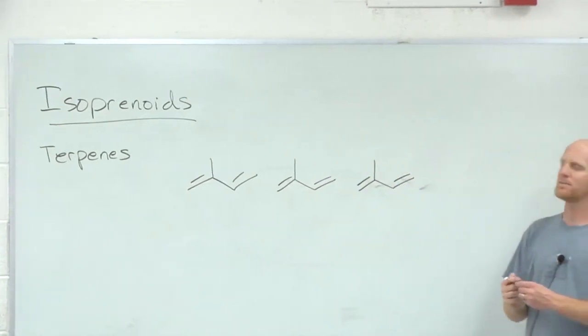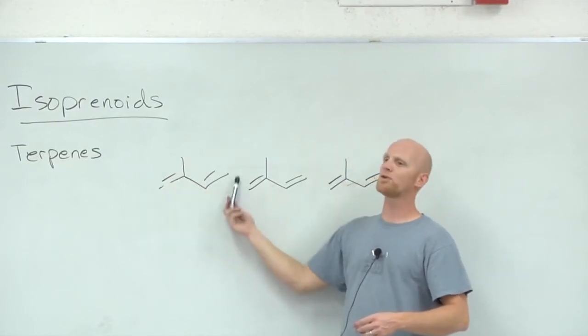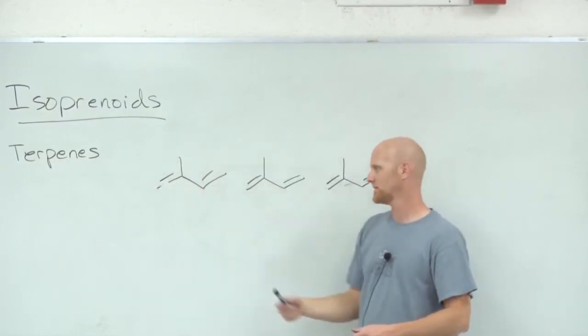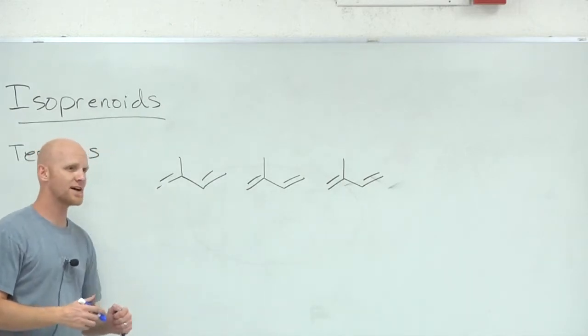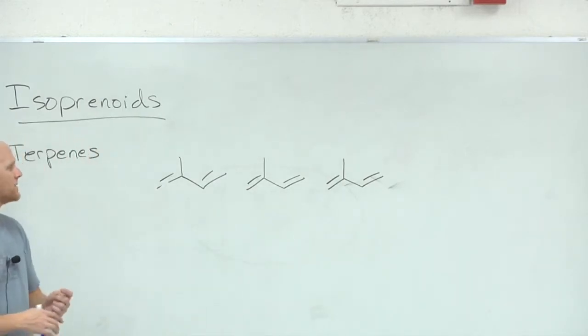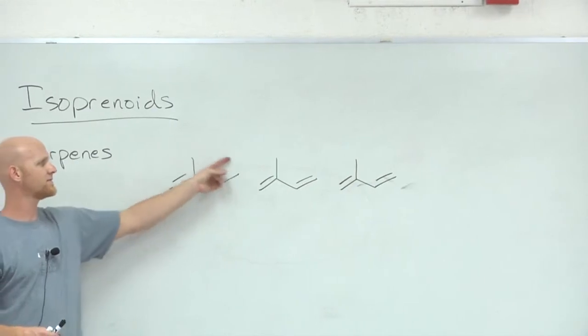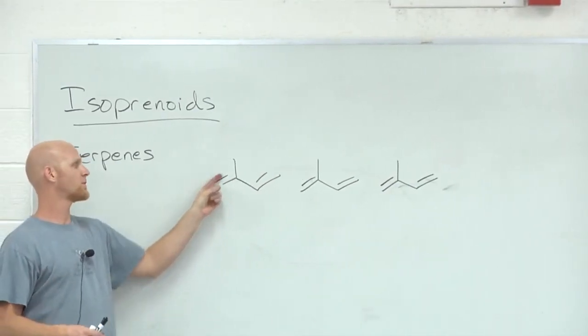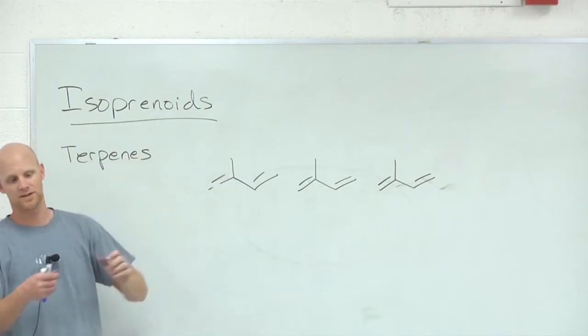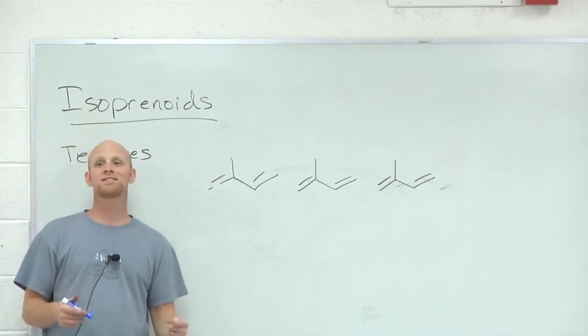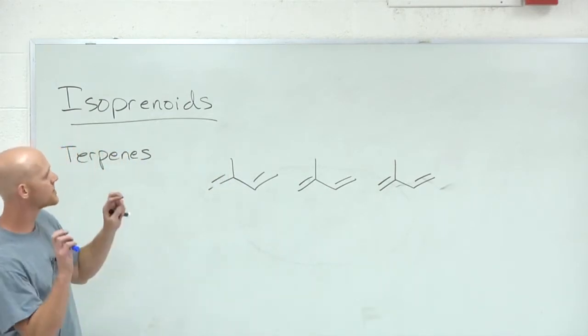So terpenes are made from this, what we call isoprene unit. And if you look, you can see how these form. The general backbone forms from a little 5-carbon chain here. Notice it's 4 carbons with one of the middle carbons having a methyl group coming off of it. That's your basic carbon skeleton for these terpenes.